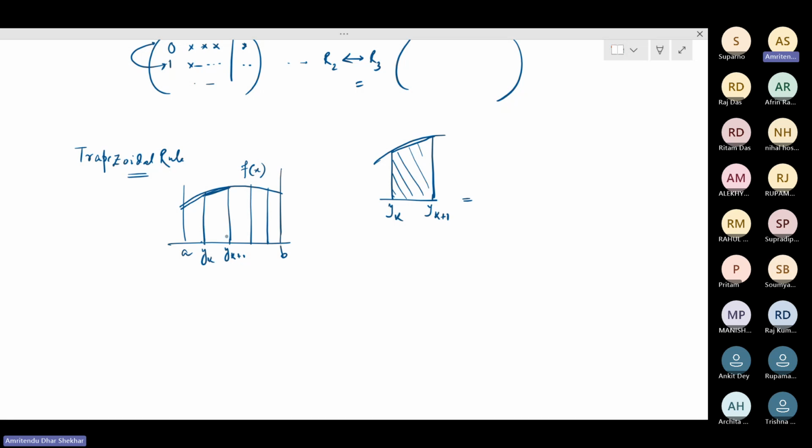Let's say you have chosen these gaps to be equal to some h. So your y0 is equal to a, your yn is equal to b, and you have partitioned it into small subintervals where yk plus 1 minus yk is equal to h, where h is your partition length. And the smaller the value of h, the better the approximation of the integral you will get.